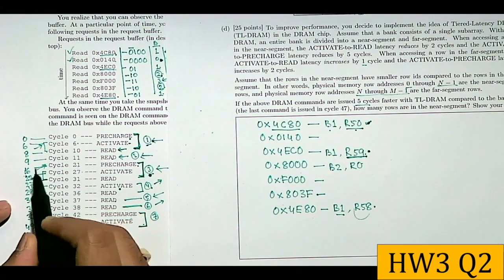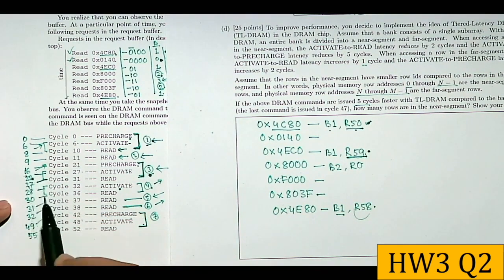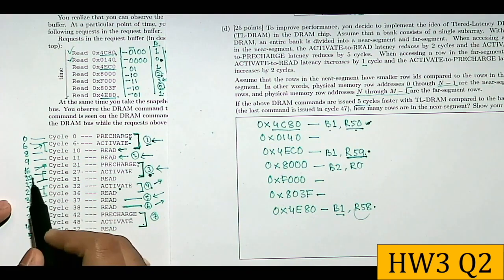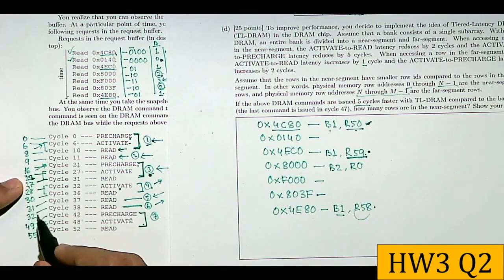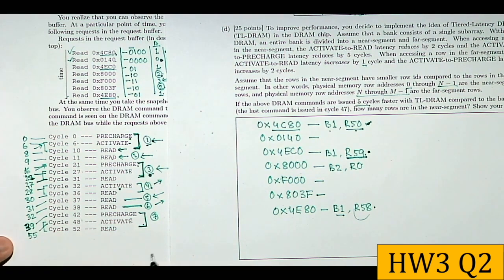Okay. So this should be 22 plus 17, right? This one is 22. Yeah, I actually added from 32. So this should be 22 plus 17, 39. Does it make sense? Okay. Oh, thank God. So this is 39.